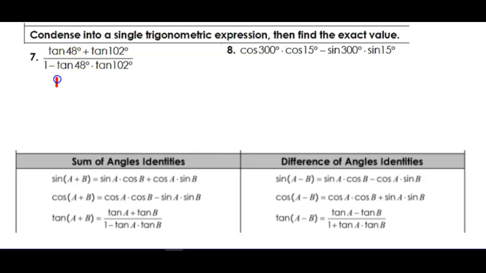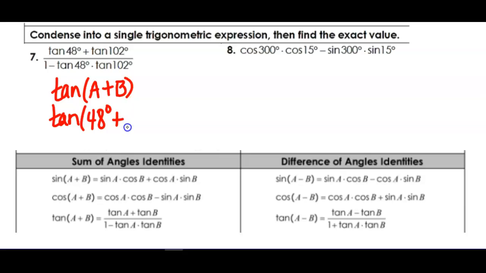It says this is really the tangent of A plus B, where A is 48 degrees and B is 102 degrees. So you have the tangent, let's see, 48 and 102 is 150 degrees.